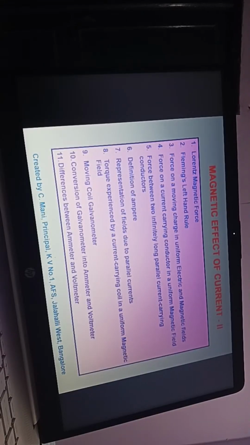Okay, then what is torque, sir? Torque is a representation of rotation. There I told you both the things.